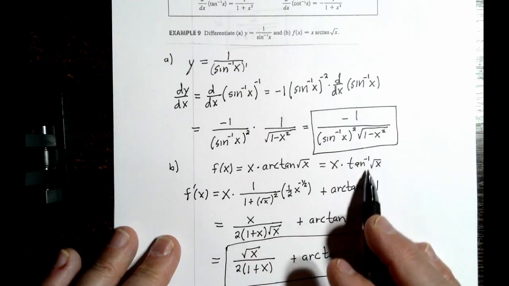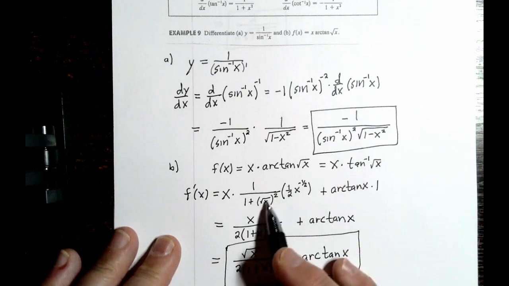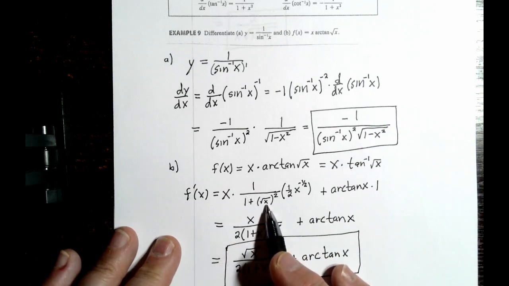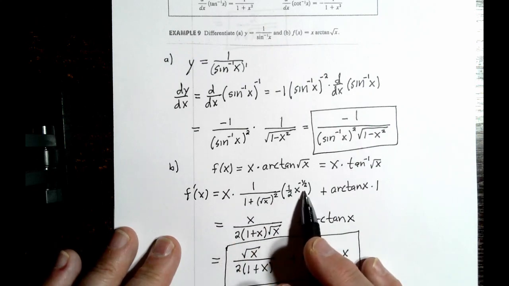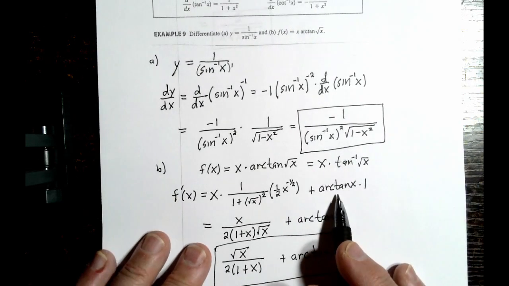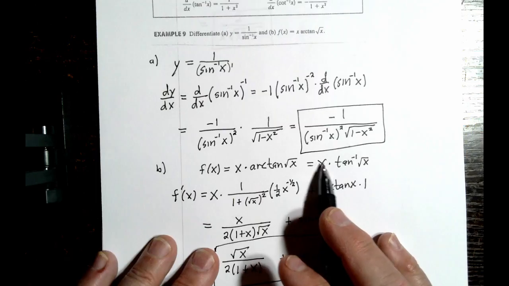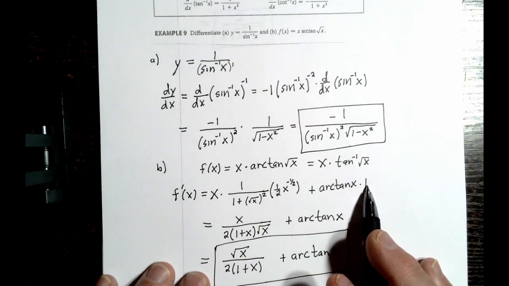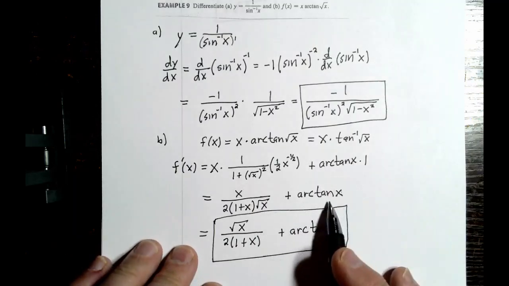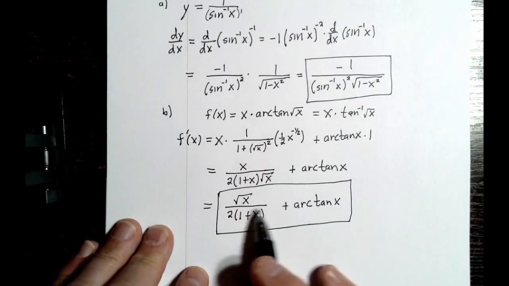And remember, the x that you're putting in place is really square root of x. So it's 1 over 1 plus square root of x squared times the derivative of the square root of x, plus arctan of square root of x, unchanged, times the derivative of x, which is 1. And now you can simplify that guy down to here, and that's your answer.